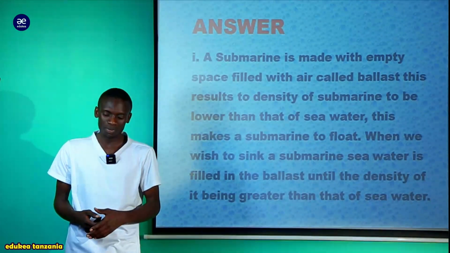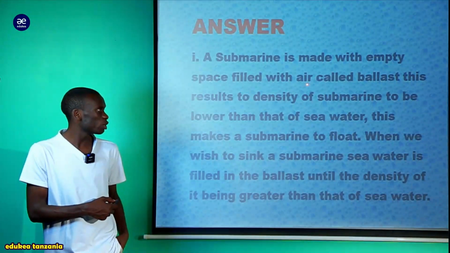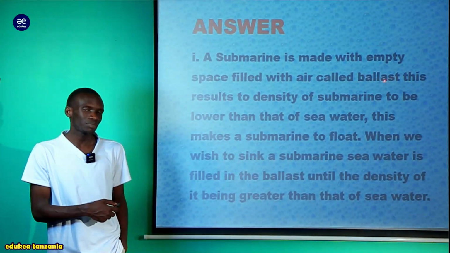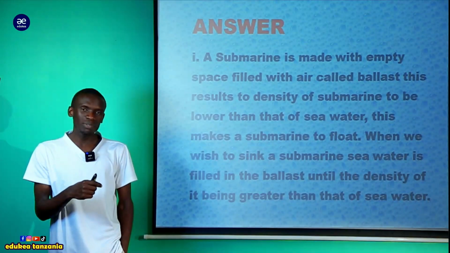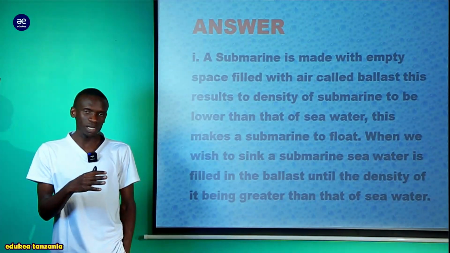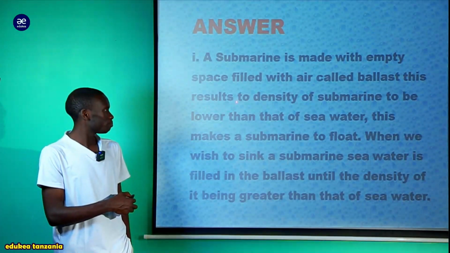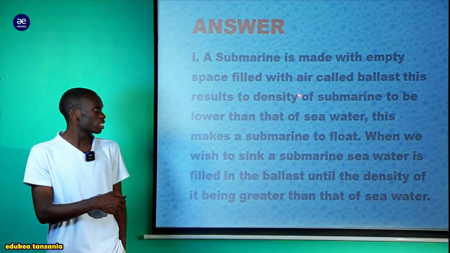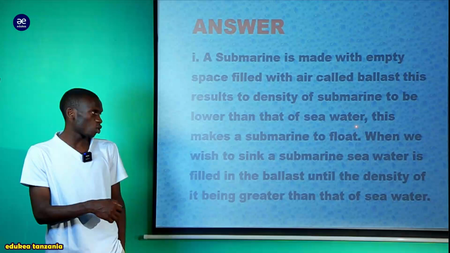That is about it. We say a submarine is made with empty space filled with air called the ballast. Submarine has empty spaces called ballast. And this ballast results in the density of the submarine being lower than that of seawater.